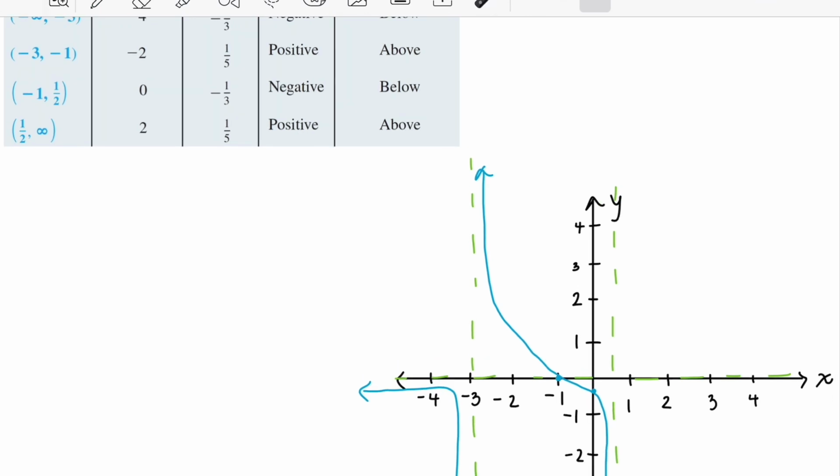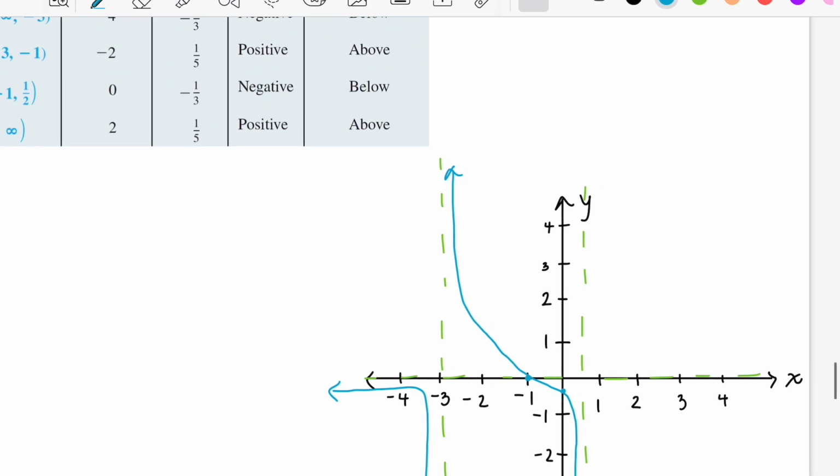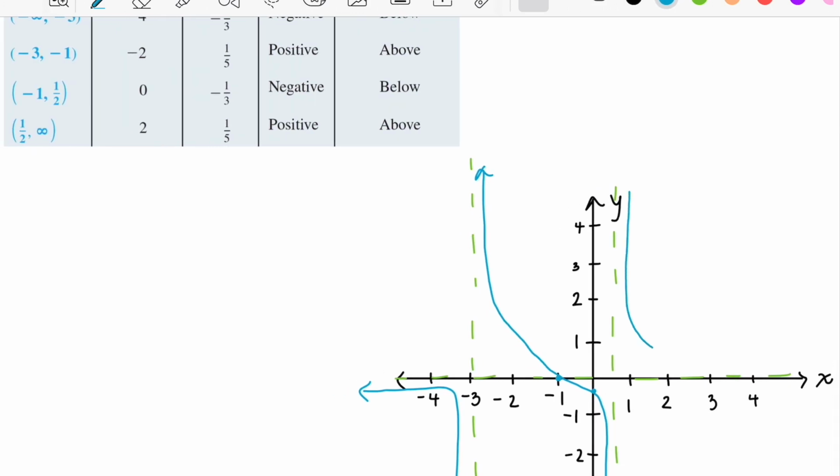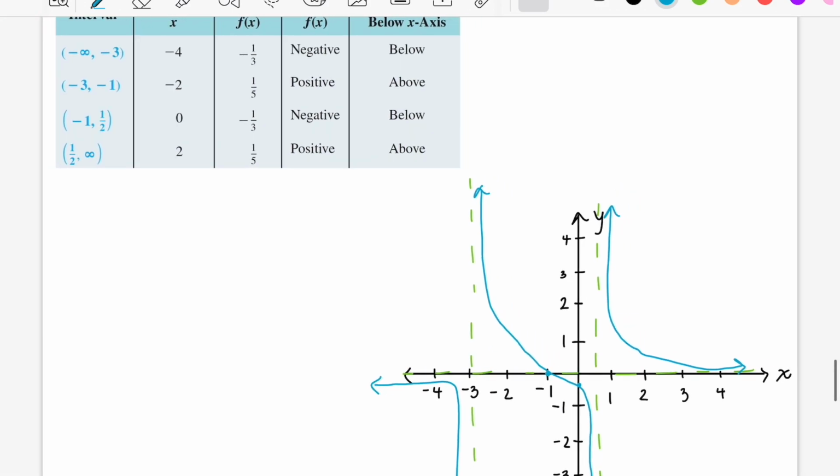And lastly, we know in this interval, this region here, from 1/2 all the way to +infinity, our function is going to be above our x-axis, never crossing our horizontal or vertical asymptote there. All right, so that is the graph for our function here.